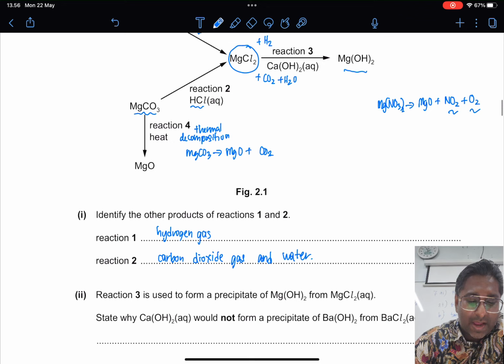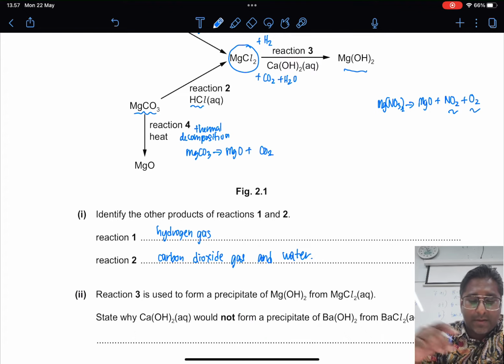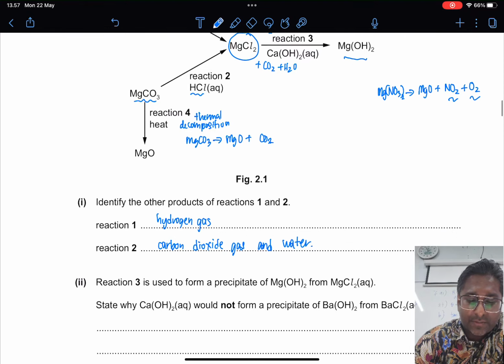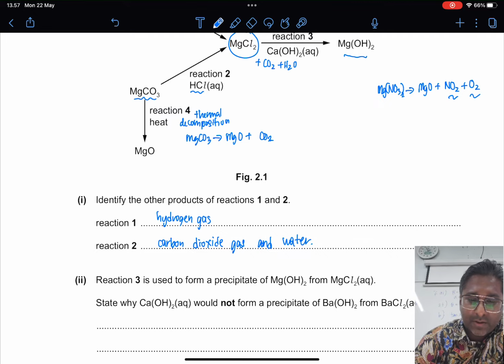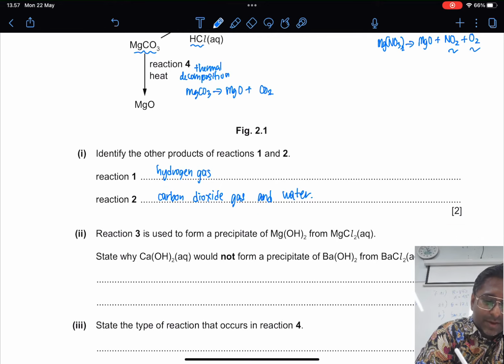Now, state why calcium hydroxide will not form a precipitate of barium hydroxide from barium chloride. So here, in reaction 3, magnesium chloride is reacting with calcium hydroxide to form magnesium hydroxide. Now, calcium hydroxide reacting with barium chloride.